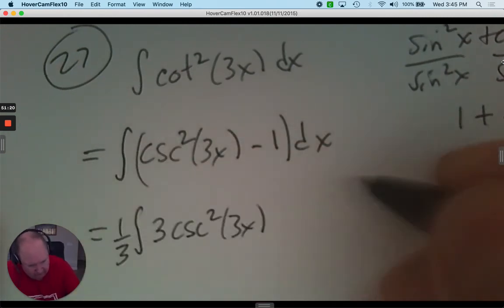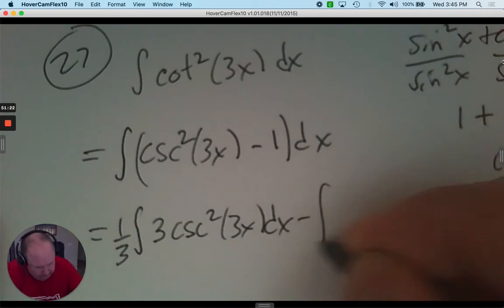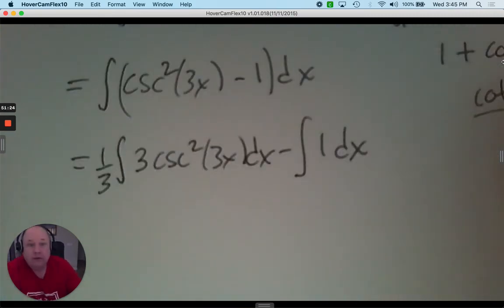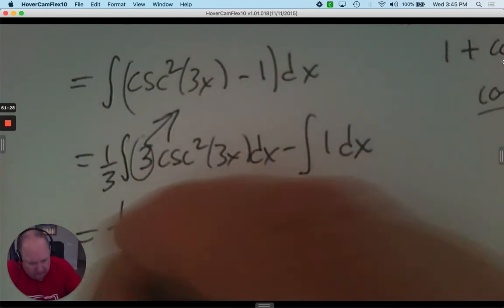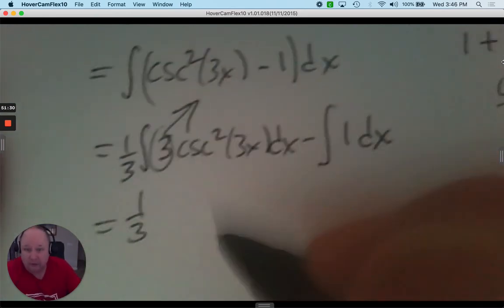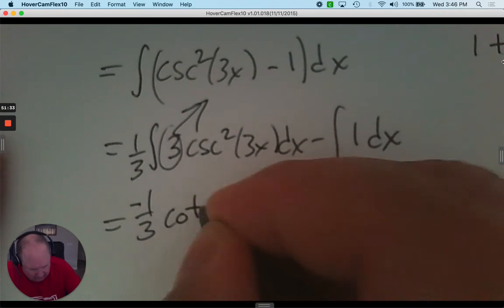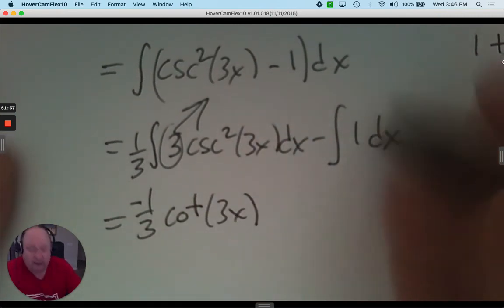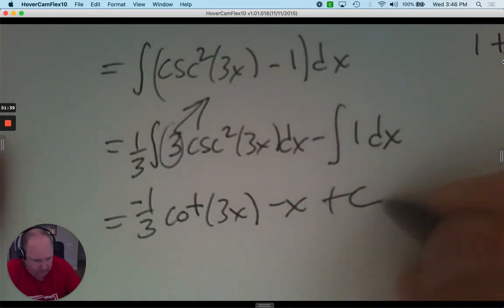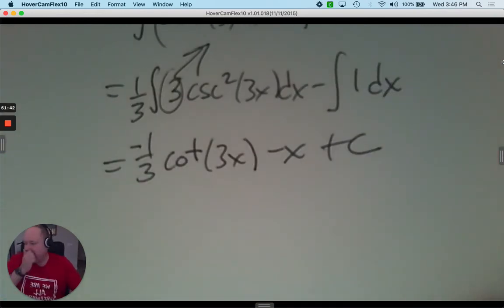So I need a 1/3. So the 3 goes, so it starts with 1/3. The rule for cosecant squared is negative cotangent. And then 1 is just x, and then the constant. So it's negative 1/3 cotangent 3x minus x plus c.